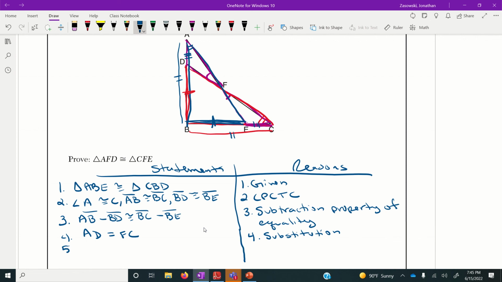The last thing we need to do is our vertical angles. So angle AFD is congruent to angle, oh, that's an E down here, isn't it? EC. That should be EC here. Okay. And then CFE. And then vertical angles are congruent.